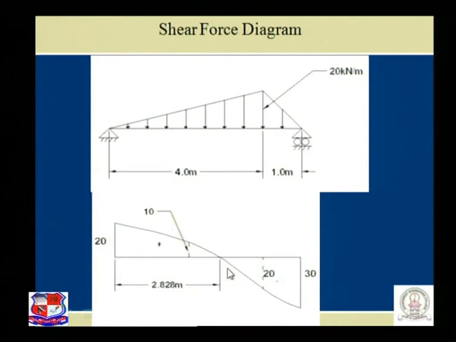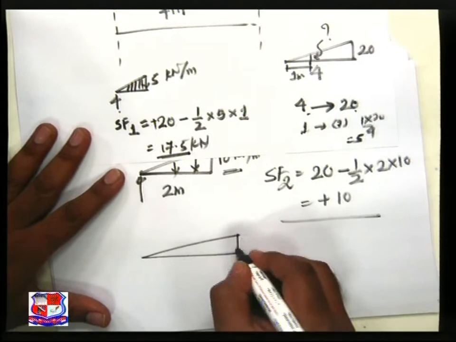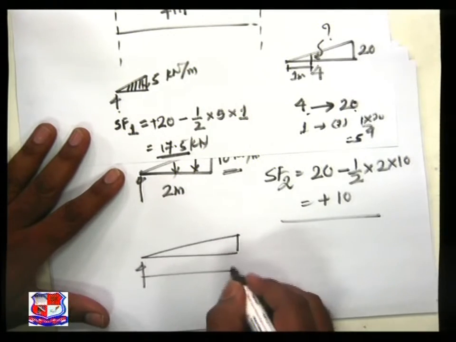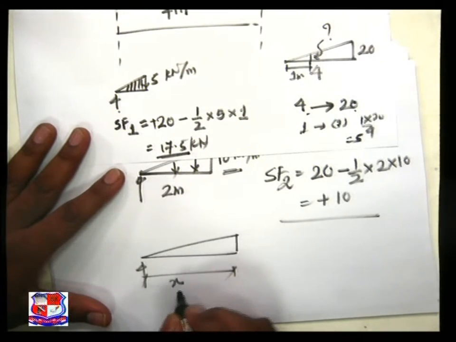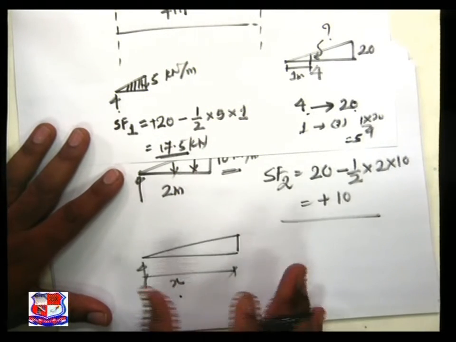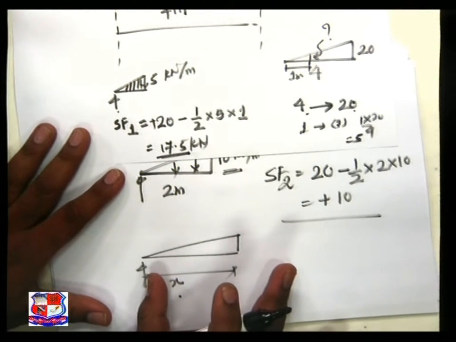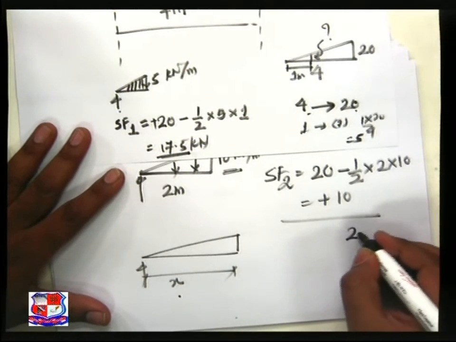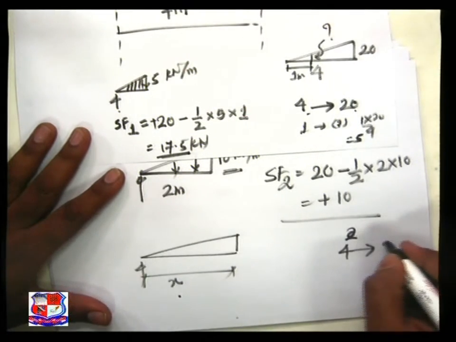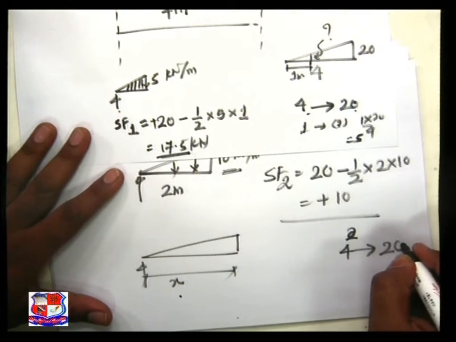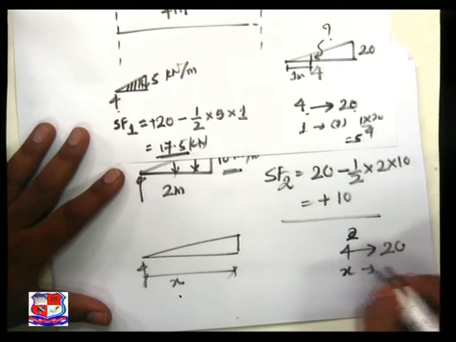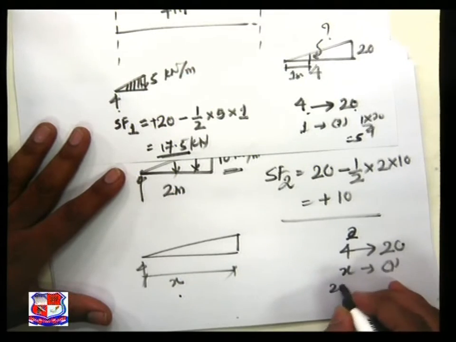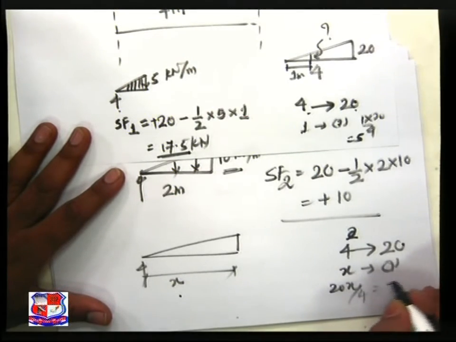Thus we find the location. We found one important point, that is x. We conclude that x is within the 0 to 4 meter range. If for 4 meter the vertical ordinate is 20, then for x how much? That is 20x by 4, that is 5x.